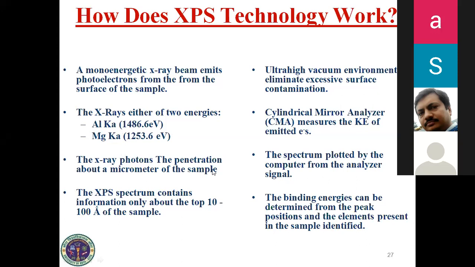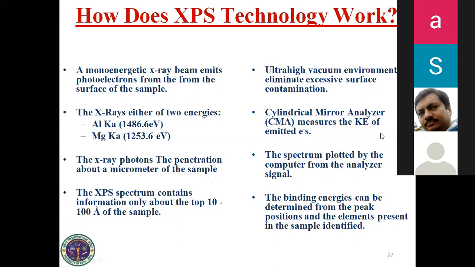The X-ray photons penetrate up to a few micrometers of the sample, but the signal comes from the top 10 to 100 angstrom. Ultra high vacuum is required to eliminate surface contamination.